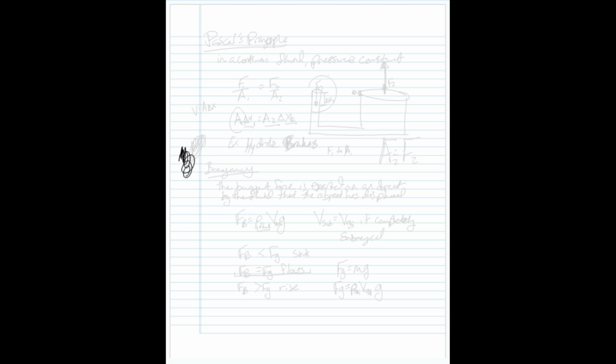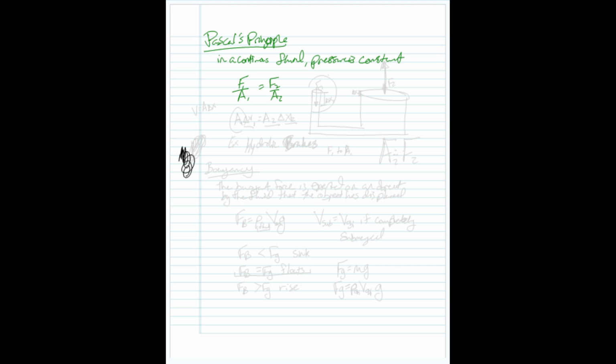This brings us to Pascal's principle. Pascal's principle is a statement that in a continuous fluid, assuming that the depth is not different, the pressure is constant. So by that we mean F1 over A1 equals F2 over A2.